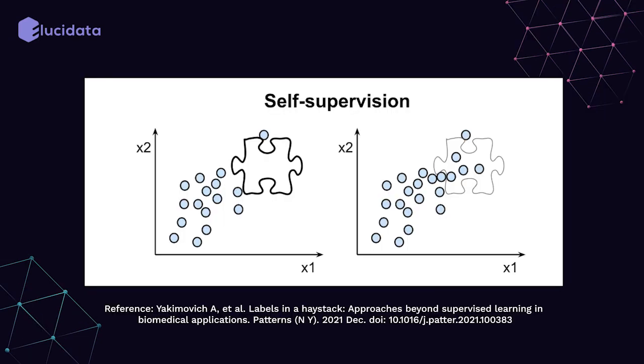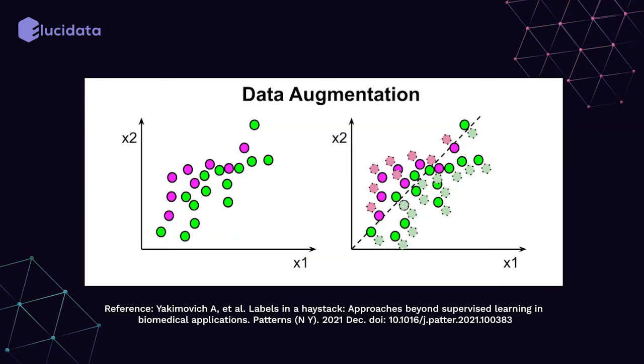So finally, what advice would you give to people who are currently using manual curation and are looking at alternatives? I would say look at data-centric approaches like active learning, weak supervision, self-supervision, and in some cases data augmentation.